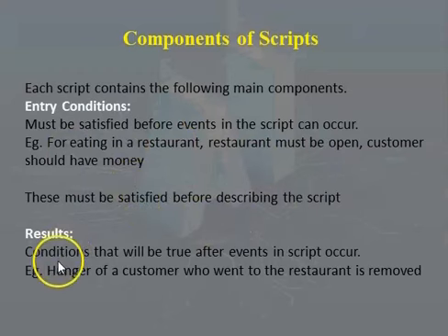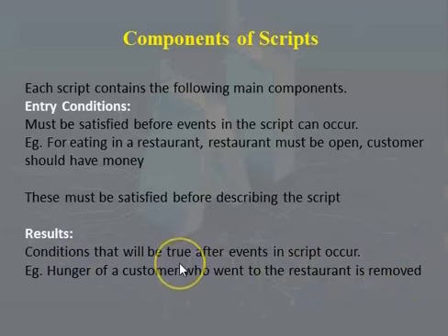Then results: conditions that will be true after events in the script occur. So we define some script, and after the completion of that script, certain conditions should be true. For example, the hunger of a customer who went to the restaurant is removed.